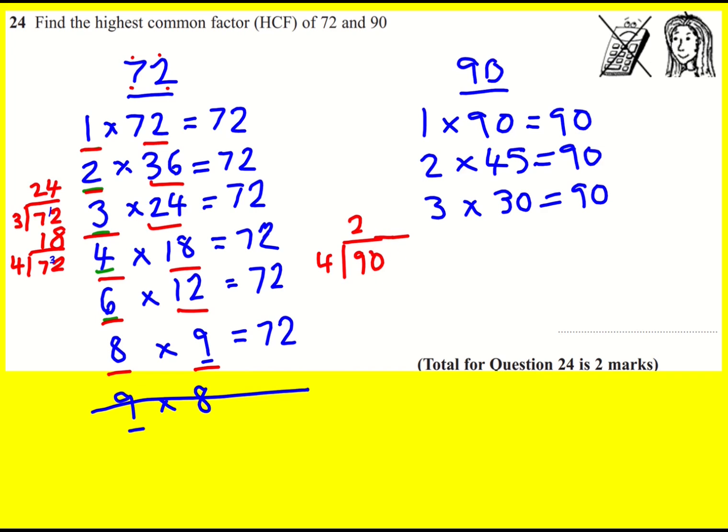And then 4 doesn't go into 10, so no, that doesn't go in. 5 goes in, clearly, because 90 ends in a 0. And if you think about it, there are 20 5s in 100, and 90 is 2 5s less than 100, so it must be 18.